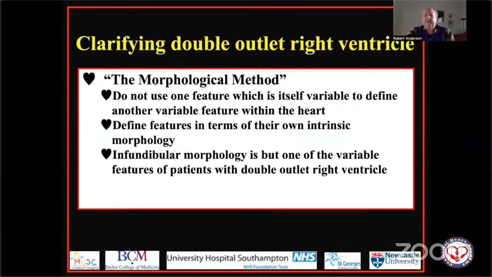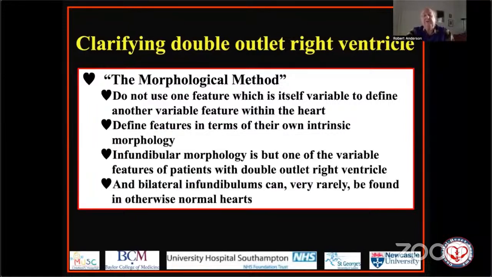And that tells us that infundibular morphology is but one of the variables that we can find when both arterial trunks arise from the right ventricle. It's an important variable. We describe it when it's present, but we do not use it any longer as a defining criterion for double outlet right ventricle.